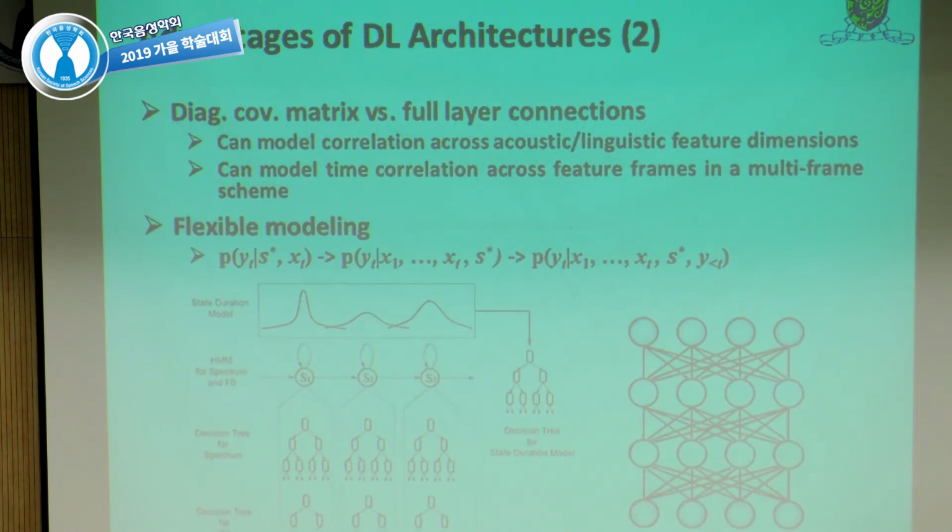The second advantage is that previously we used the GMM model with diagonal covariance matrix, where we actually assume that different outputs are independent, but the modeling of different output steps should be dependent.